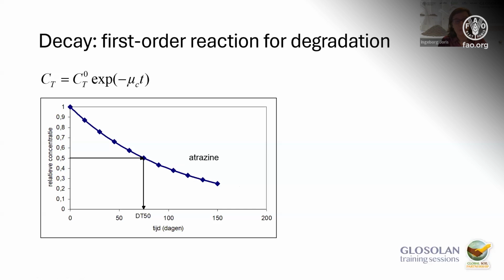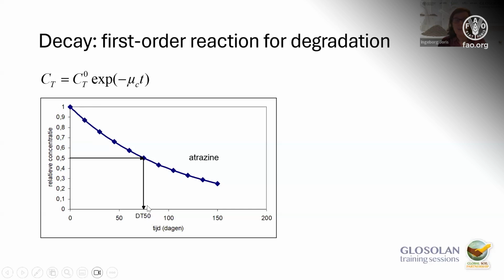That it will go down to 0.5, so to half of the initial value, after approximately 70 days. And this is the evolution of concentration we expect if we assume this first order reaction, which is usually a very good approximation of what we observe.